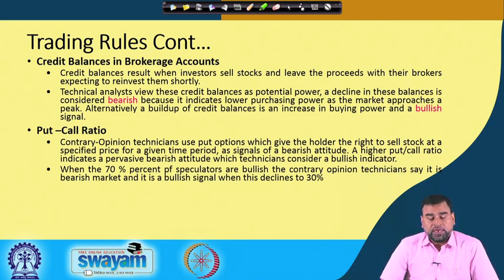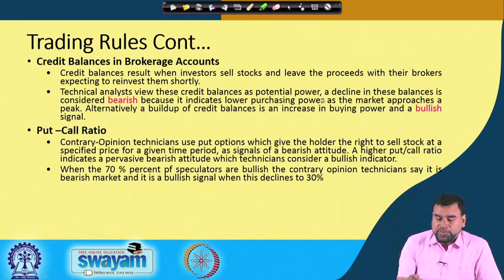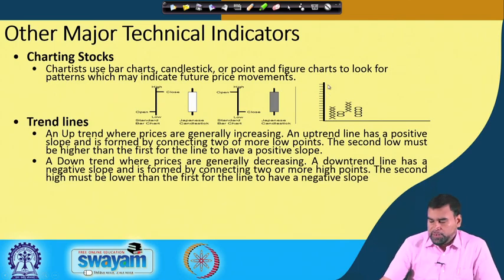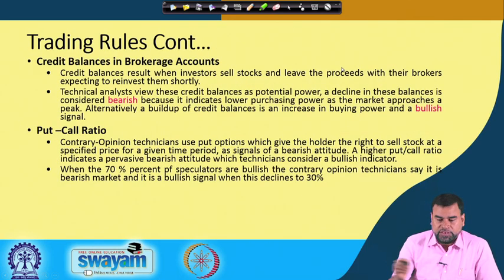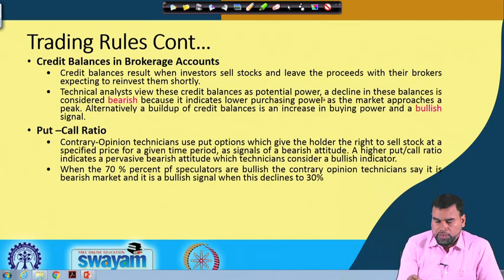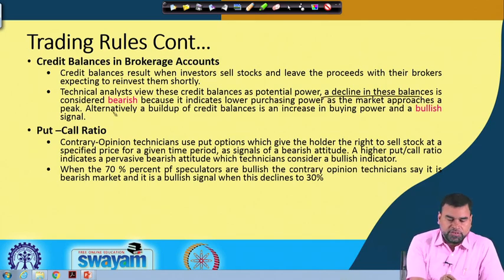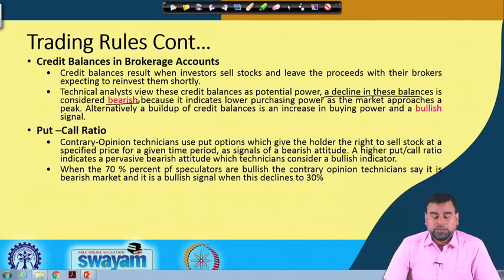So, what do technical analysts believe? They look at whether the credit balances are less or more, and accordingly try to see whether the market is going to be bearish or bullish. A decline in credit balances is considered bearish, because the money is already invested in the market.